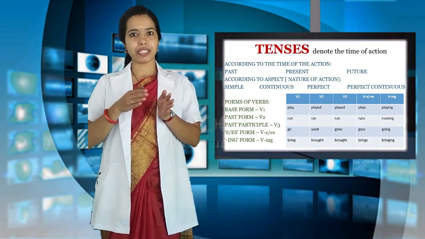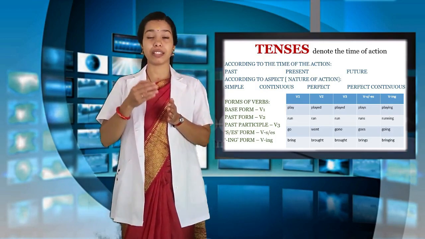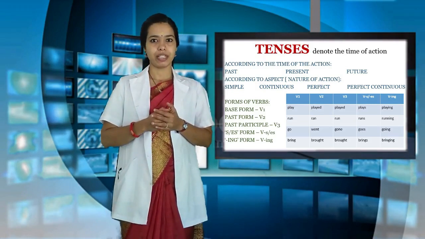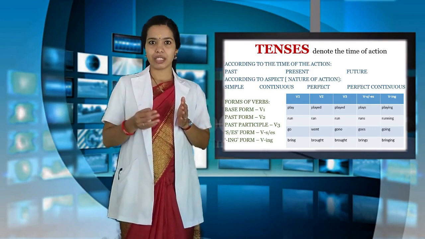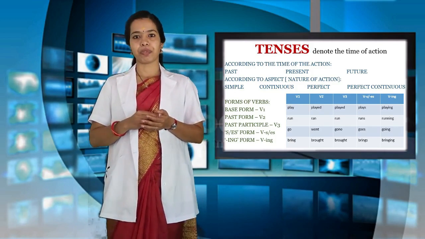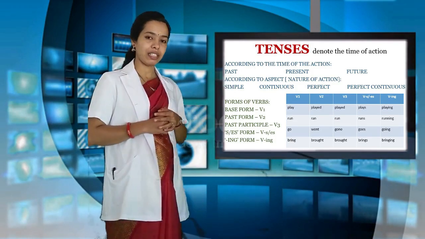And in simple present tense, to make the verb singular, we add either S or ES. So an S or ES form is there for a verb. And in continuous forms, to denote continuous actions, we add ing to the verb. So an ing form. So the 5 different forms of the verbs are illustrated in the table.